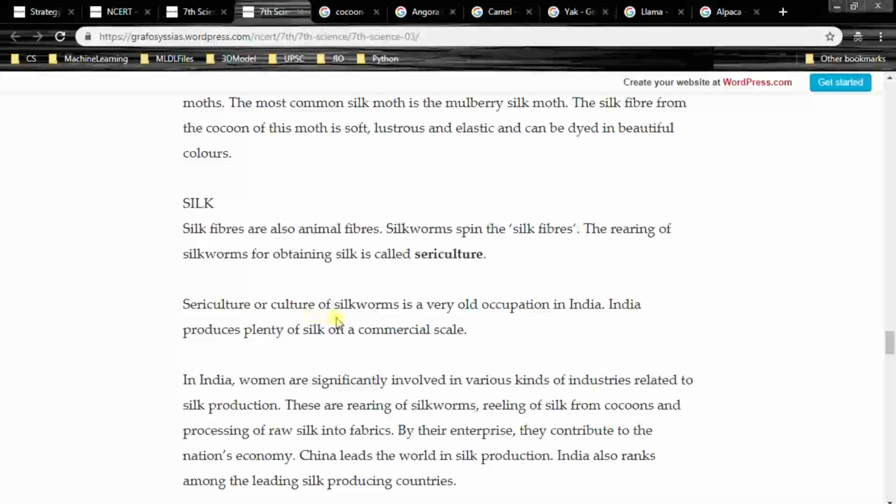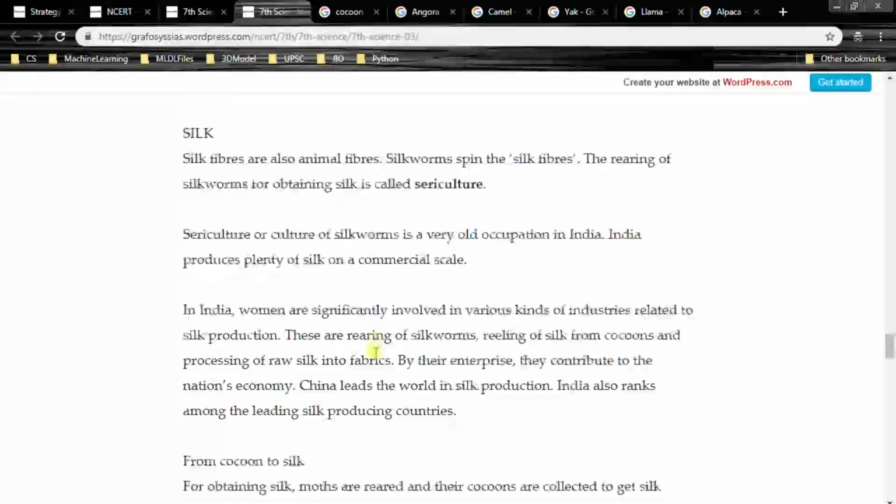Sericulture or culture of silkworms is a very old occupation in India. India produces plenty of silk on a commercial scale. So first silk is produced in China. We have learnt about it in history subject, right? In India, women are significantly involved in various kinds of industries related to silk production.